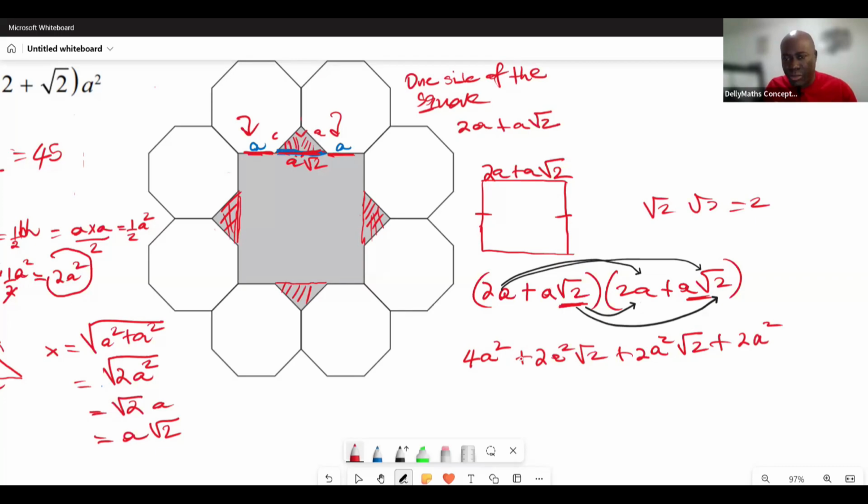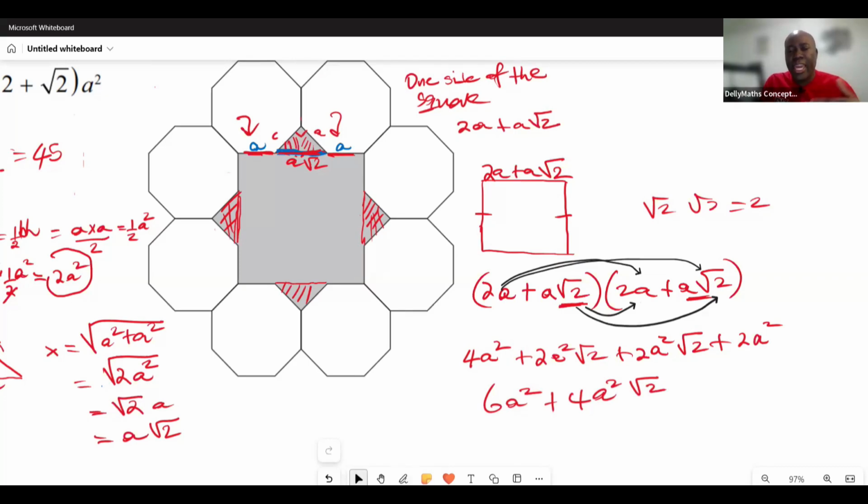So let us put the like terms together. Definitely we're seeing where we have 4A squared and 2A squared, and that's going to give me 6A squared. And here I have 2A squared root 2, 2A squared root 2, so that's going to give me 4A squared, the root of 2. And this is for the area of the square.